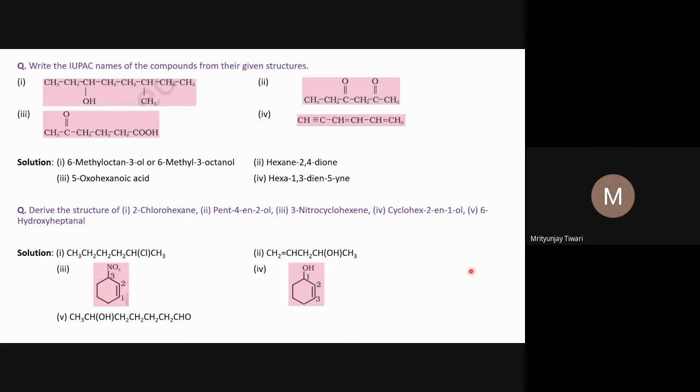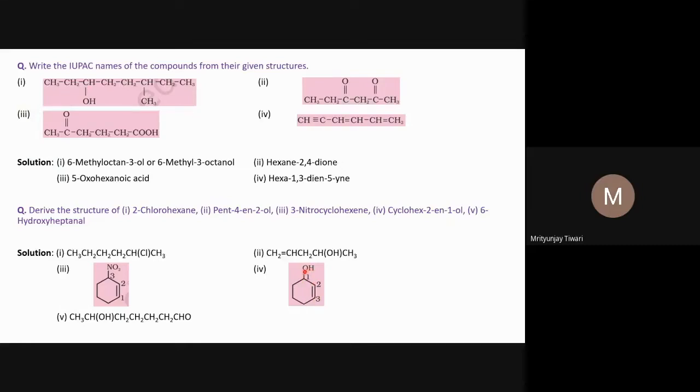So we'll put a double bond at this and then it is 2-en-1-ol. So 1-ol group is at the first position and it's a functional group. So the numbering will start anyway from the OH group, from the carbon which is attached to the OH group, and so numbering will start from here. So 1, 2, 3. So this is 2-en and 1-ol. You can see here the IUPAC name.